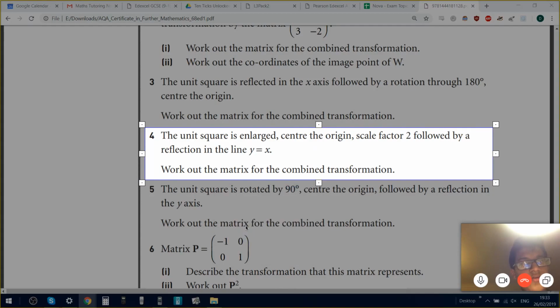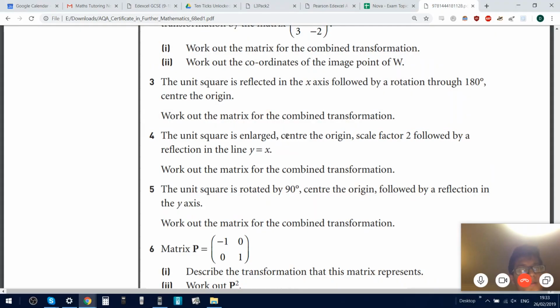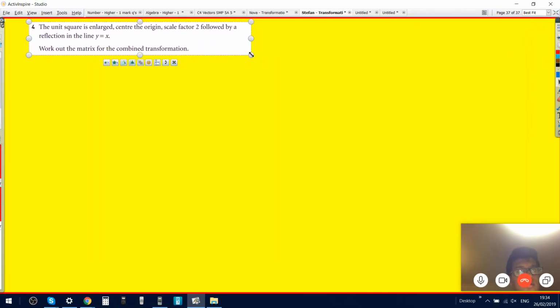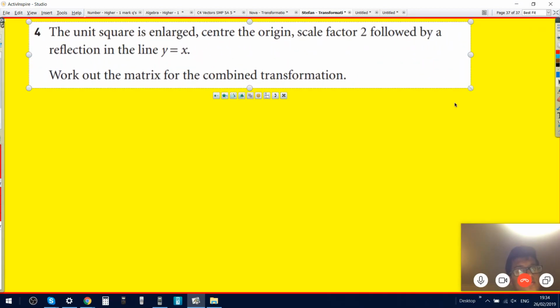Okay. How about this? Okay, so the unit square is enlarged center of the origin, scale factor 2, and then reflected in y equals x.